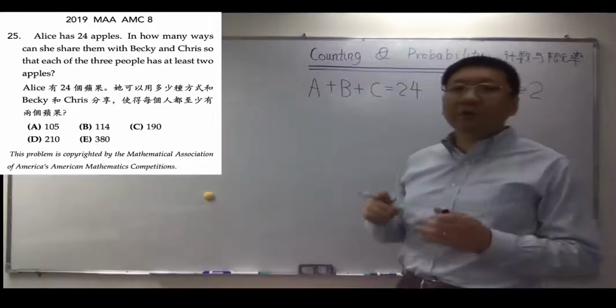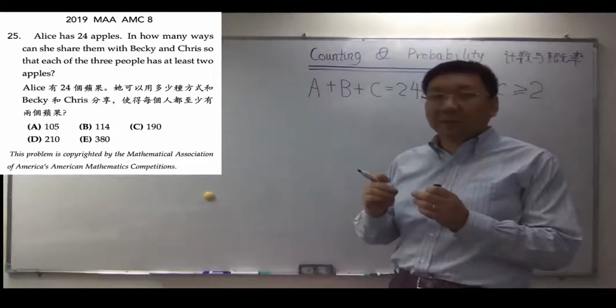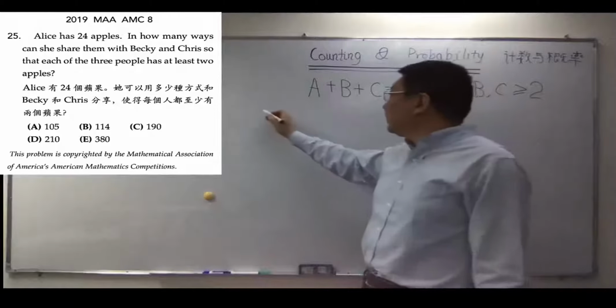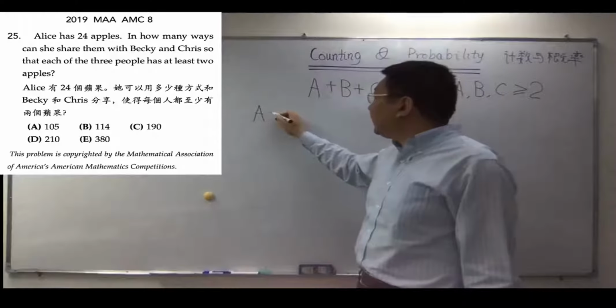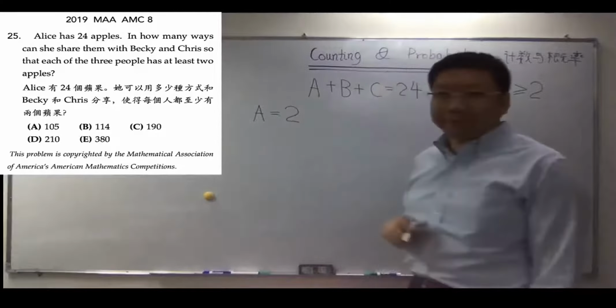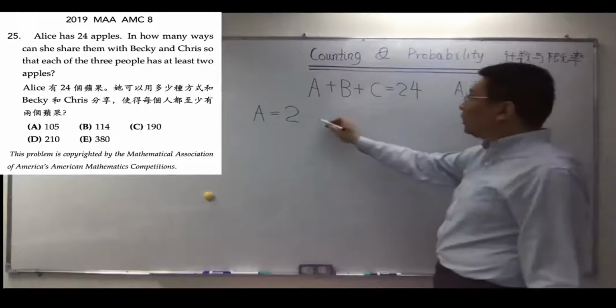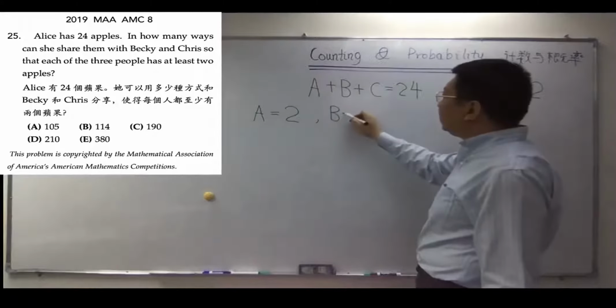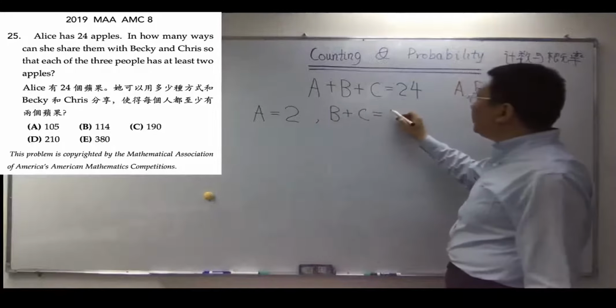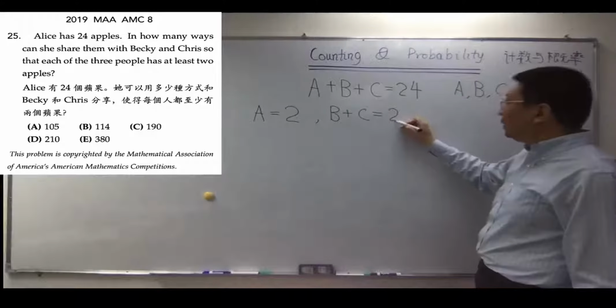So we can start the enumeration from A. So let's see what happens if A equals 2. If A equals 2, of course, B plus C is 24 minus 2, that is 22.